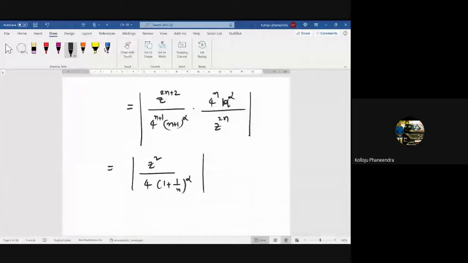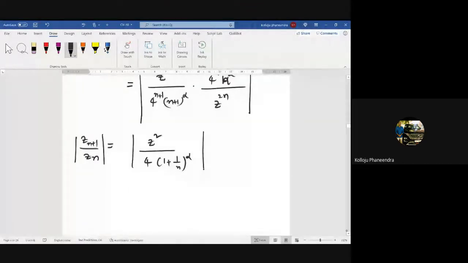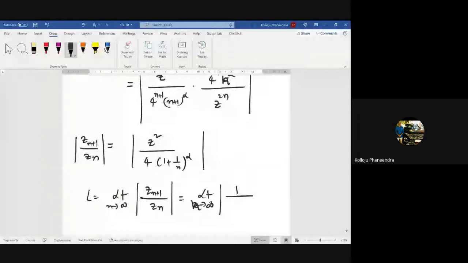Now, this is the value of Z_{n+1} by Z_n, which is in terms of Z. Now let me apply the limit. L equal to limit n tends to infinity of mod Z_{n+1} by Z_n. The limit is for n terms only.